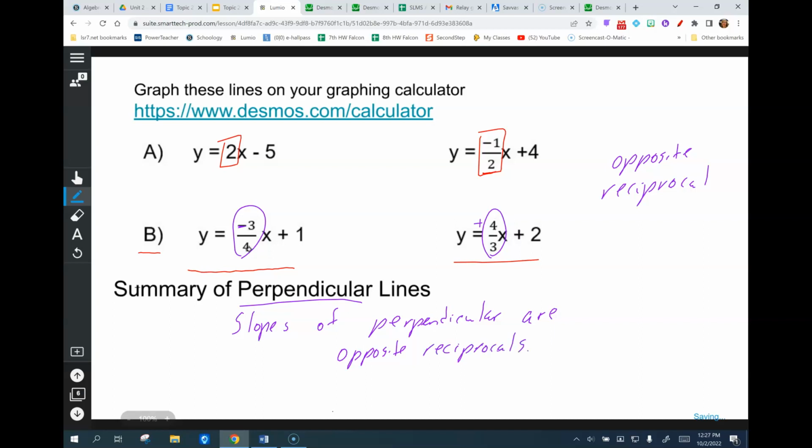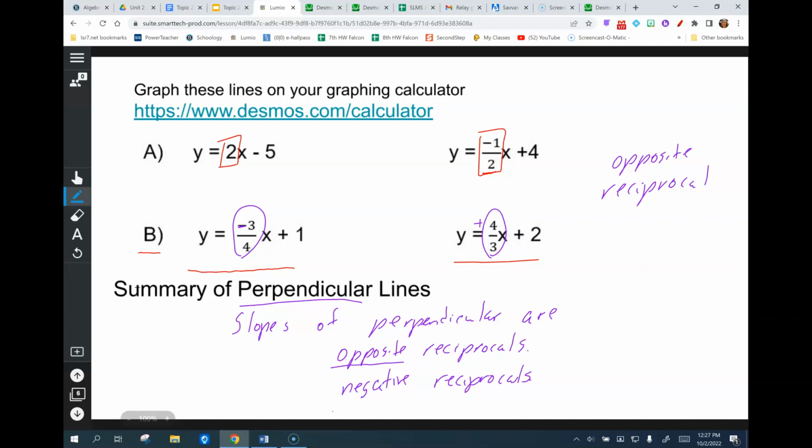Okay? Or you could say negative reciprocals, either one. Negative reciprocals or opposite reciprocals. Opposite reciprocals probably is a little better. But anyway, summary of perpendicular lines, the slopes are going to be opposite reciprocals.